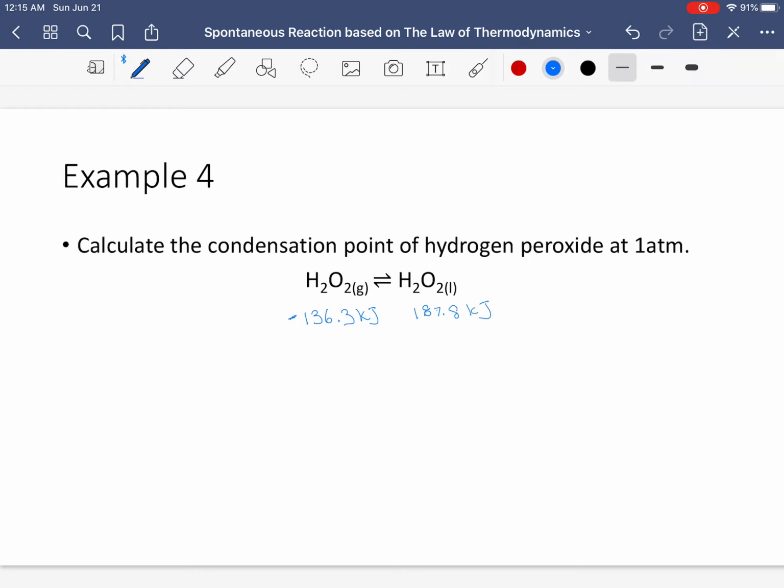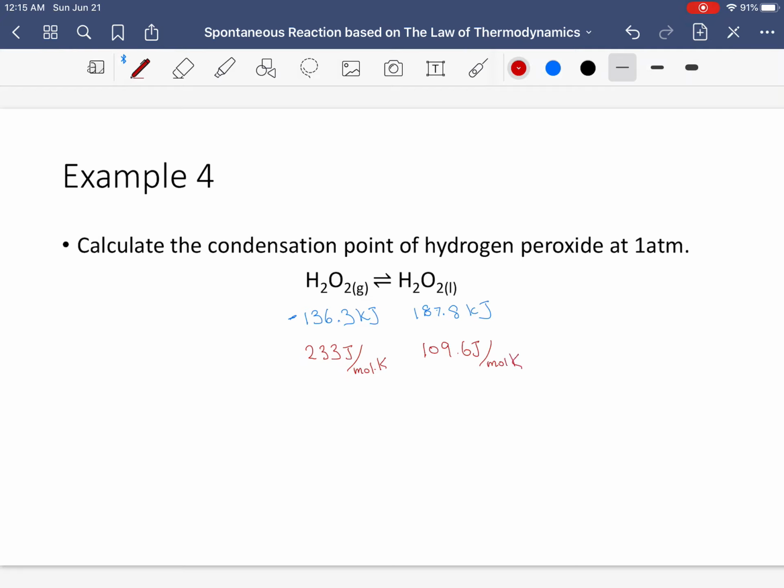Negative 187.8, and for delta S you're looking at 109. Oh, yeah, I almost made a mistake here. Okay, I'm trying my best not to make any mistake looking at this book. And liquid H2O2 is 109.6 joules per mole Kelvin.